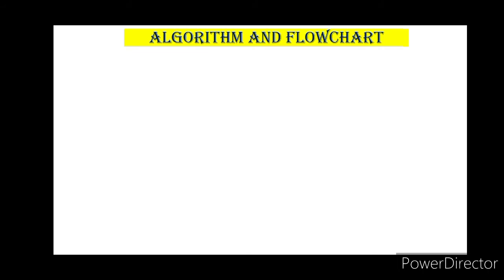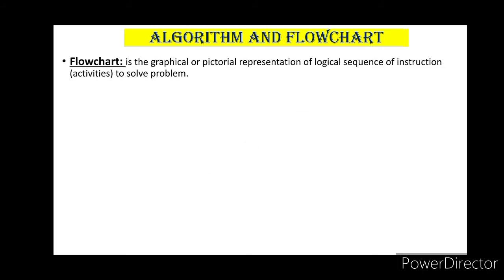Okay, so next is the flowchart. What is a flowchart? Let's go through it. Here is the definition. A flowchart is a graphical or pictorial representation of a logic sequence of instructions. Graphical means using different shapes. A logic sequence of instructions means a series of instructions, activities to solve the problem.